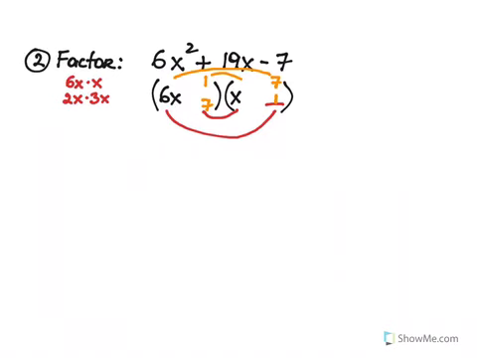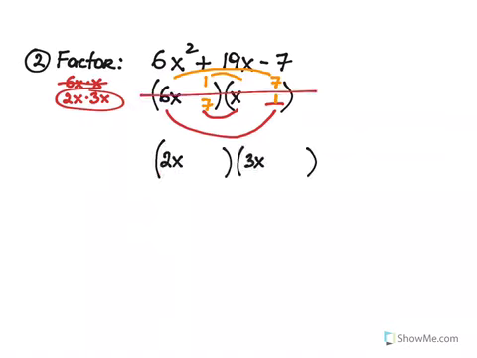Again, there is no way for me to get 19x from this combination as well. So this doesn't work at all. What do I do now? I go back and I say, this pair didn't work. Let's try the next pair and start all over again.